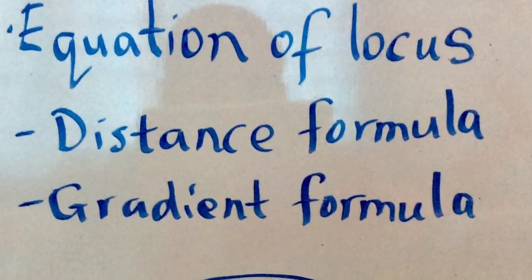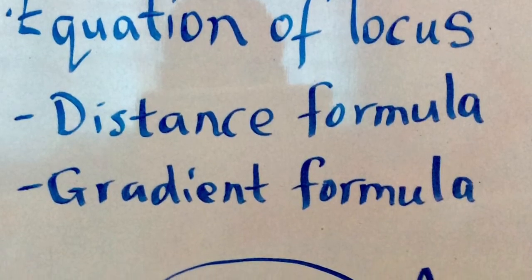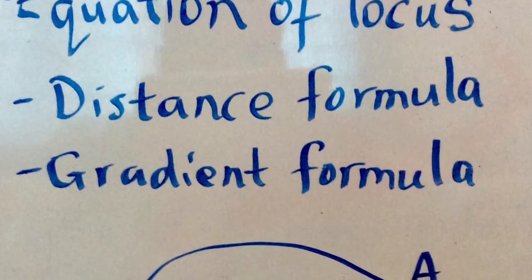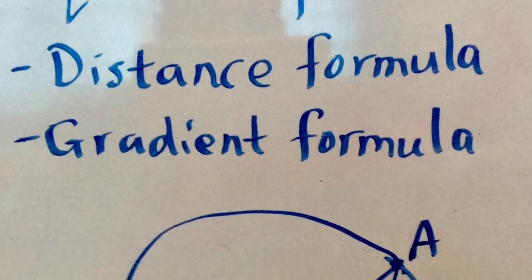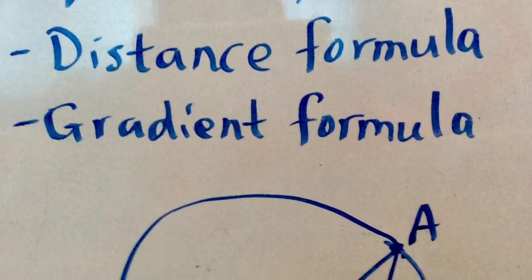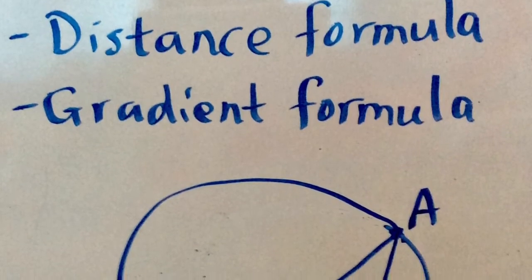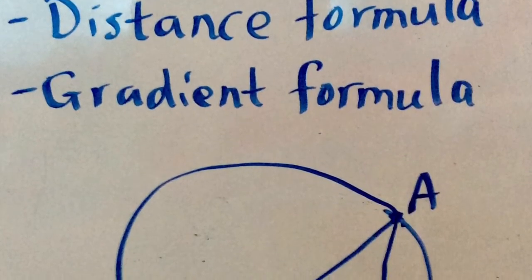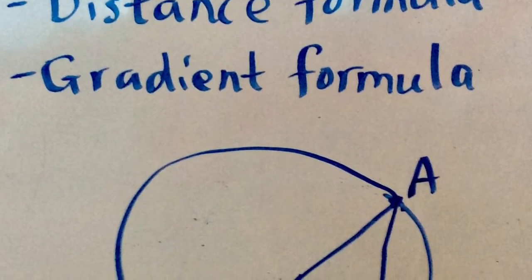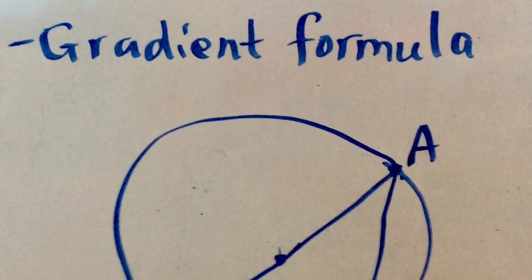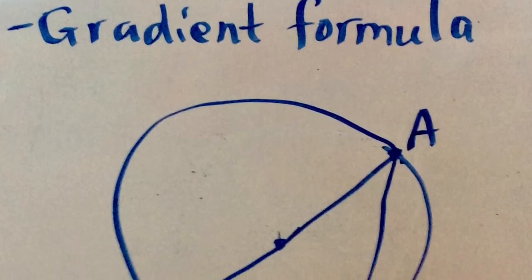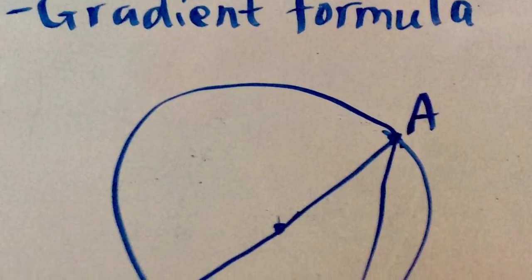Next we have equation of locus. Usually we will use the distance formula, but sometimes you can use the gradient formula. If you look at the diagram of the circle, A and B are on the circumference and they are fixed, but your C is moving. Whenever C is moving along the circumference, it's always making 90 degrees, because AB is the diameter.